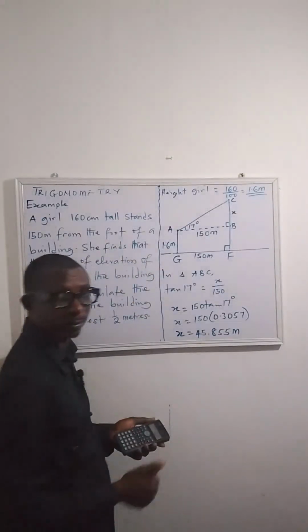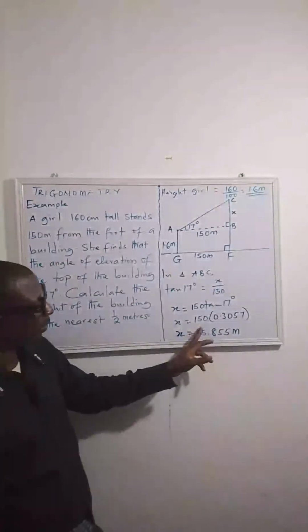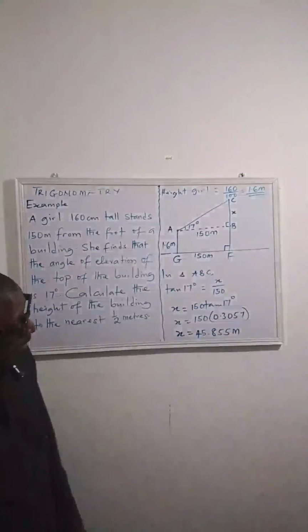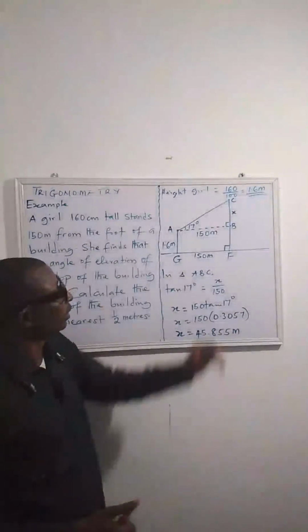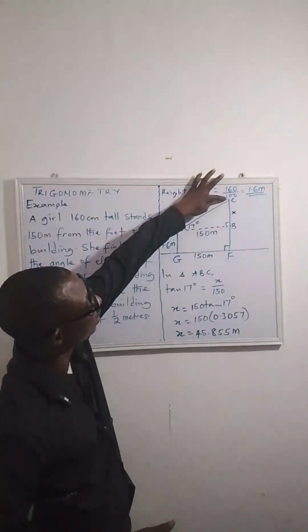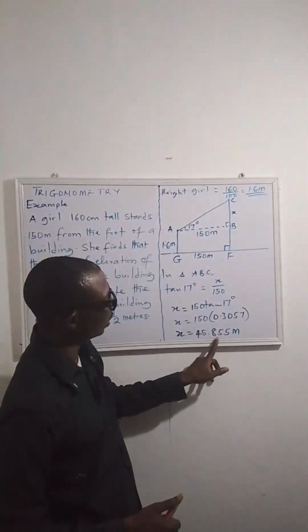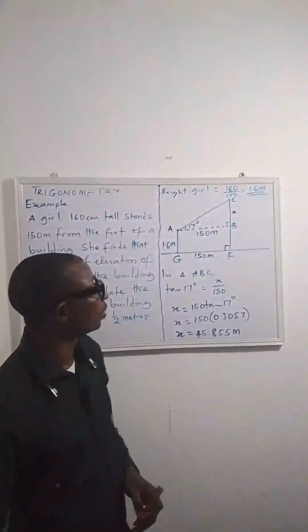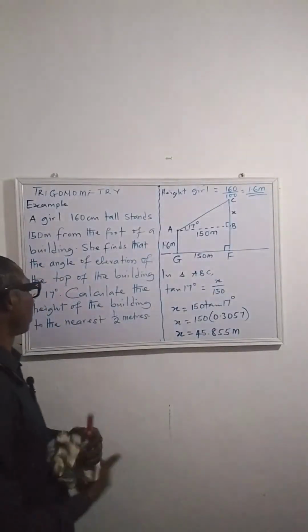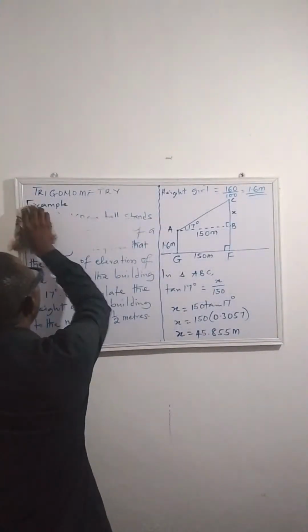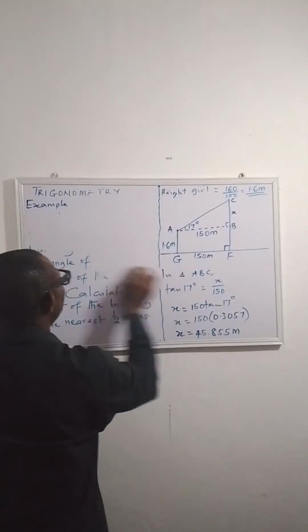So when you multiply this by this, that's what we have. So now the distance between B and C is 45.855 meters.